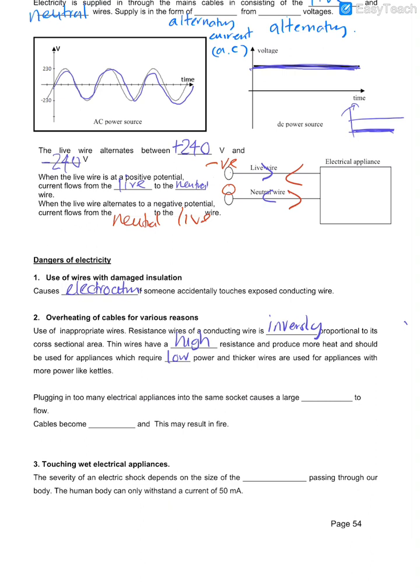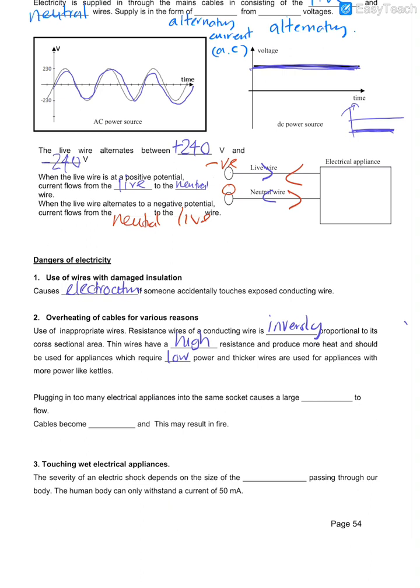Okay, while thick wires are used for appliances with more power. So low power means the current is small. So even if your resistance is high, it's not so dangerous. It shouldn't generate too much heat.